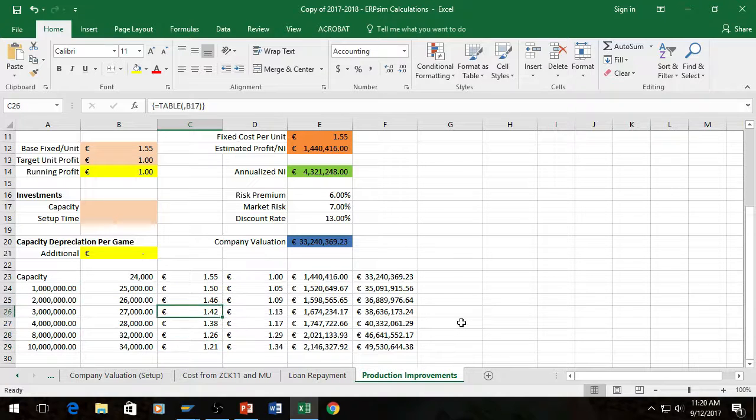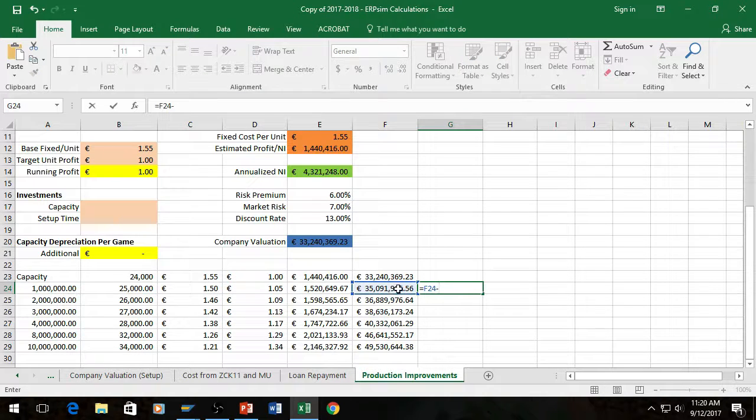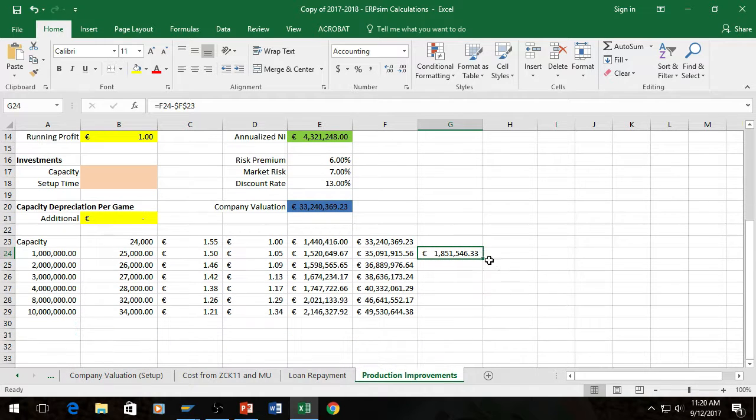As you invest, your fixed cost per unit does drop, and as that's dropping, your running profit increases. You can see the net income continues to go up, and what we're really looking for is the company valuation. So let's see how much that is changing every time we invest. So as you can see, as you continue to invest in capacity, your company valuation goes up.